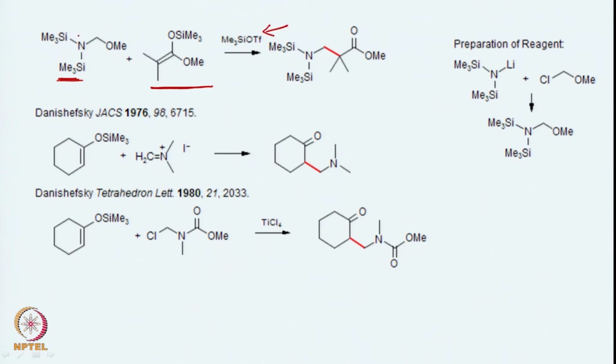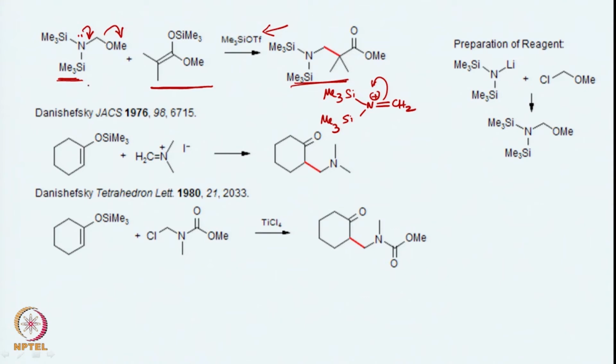In the presence of the Lewis acid we can expect to form something like this as an intermediate, where now you have a cation that is stabilized by the nitrogen. So, now your enol ester here reacts onto this carbon and then you generate this species here.